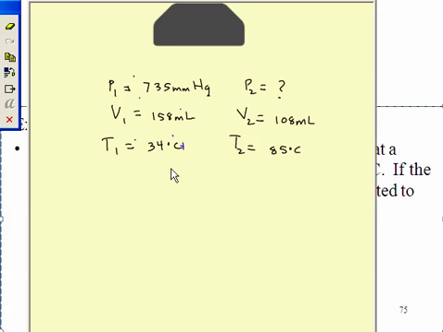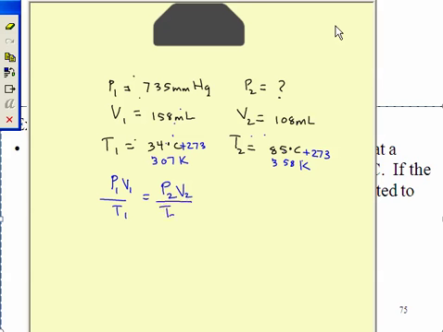So let me add 273 to both of these to get my Kelvin units. Okay, now that I have my Kelvin units, now what I'm going to do is I'm going to write down my combined gas law equation, and then I'm just going to plug in all the values that I'm given.